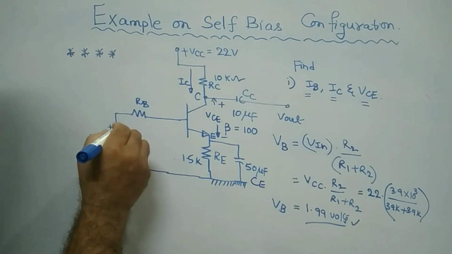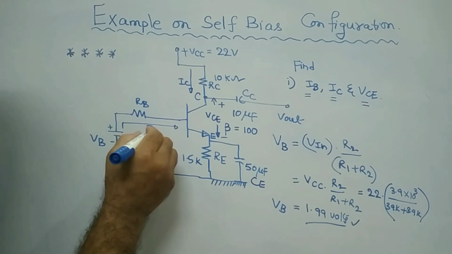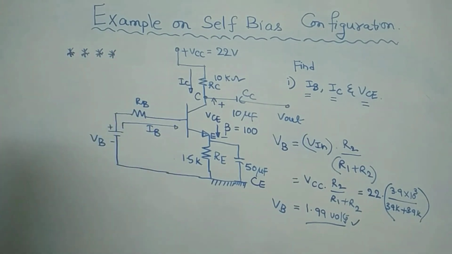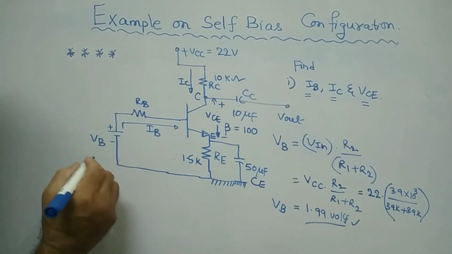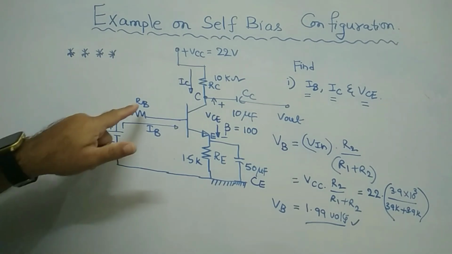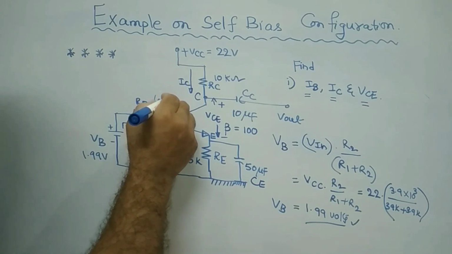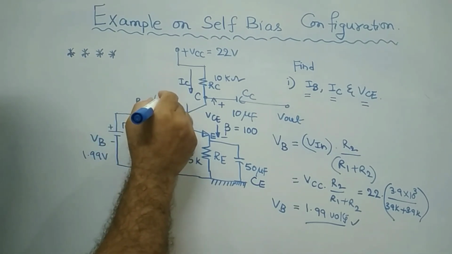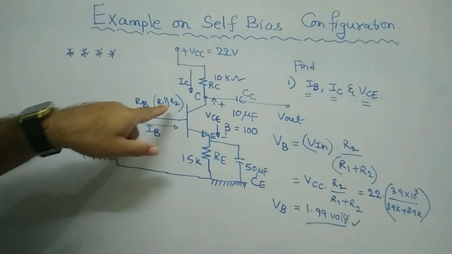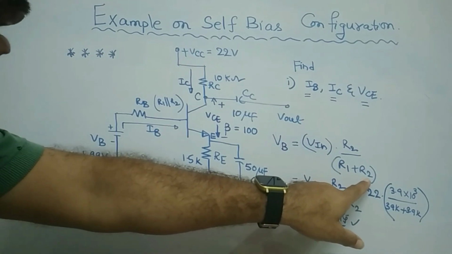Now your IB flows through this from the supply voltage. This is the simplified circuit diagram. So what is your VB? It is 1.99 volts, so 1.99 volts will be applied here. What is RB? Remember, RB is the parallel combination of R1 and R2. R1 is 39K and R2 is 3.9K.